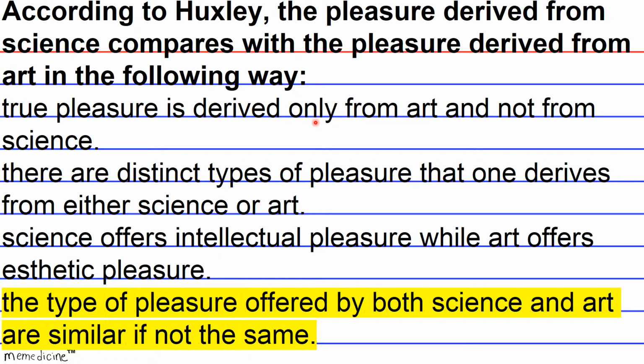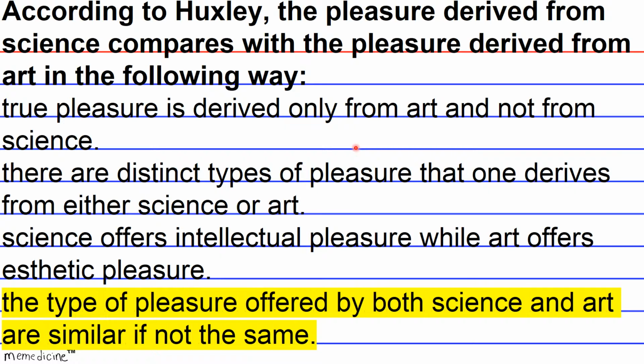The passage also explicitly states in paragraph 2 that the pleasures, quote, that one receives from either art or science, Huxley said, have a common source. So this disqualifies answer choice B. And finally, both art and science, Huxley believed, offer intellectual as well as aesthetic pleasure.